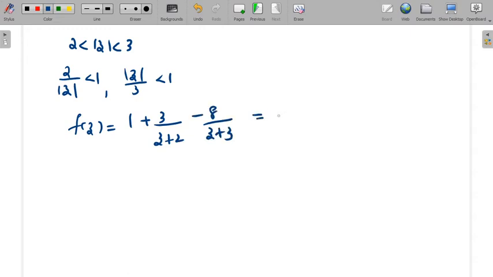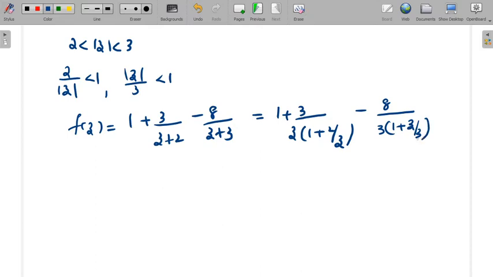So here to get 2 by z, which is less than 1, we take z as common and write this as 3 divided by z into 1 plus 2 by z. But when we come to the next term, as mod z by 3 is less than 1, to arrange the terms into z by 3, we take 3 as common and write this as 1 plus z by 3.